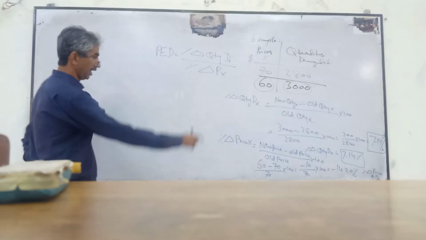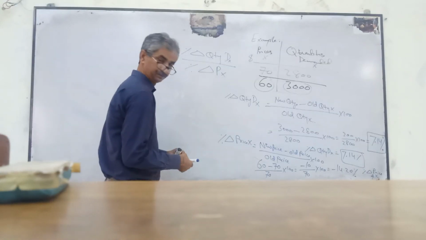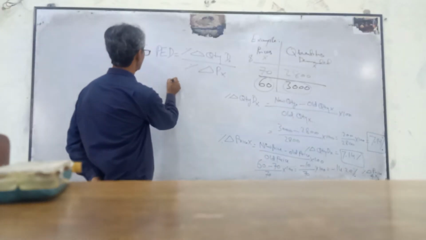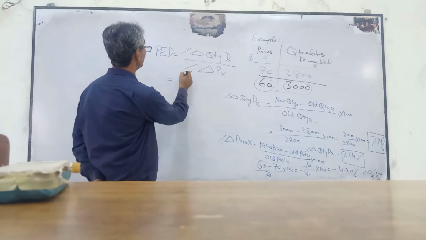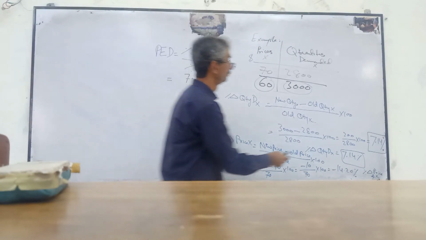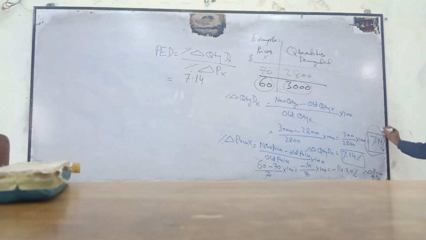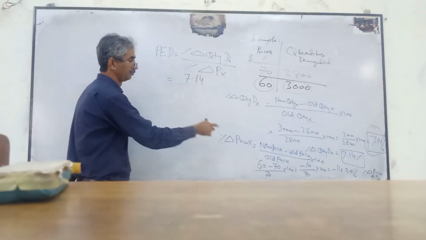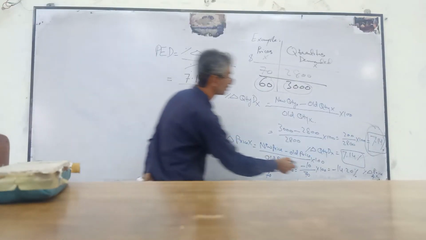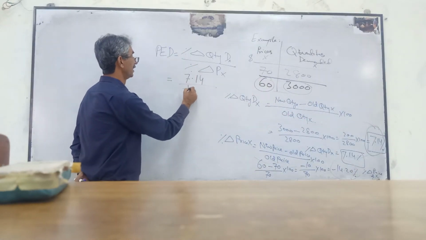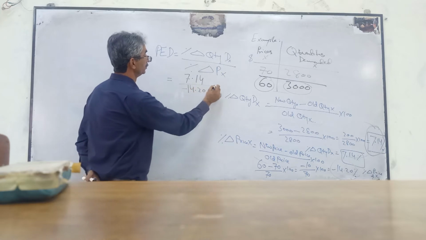Now, using this data, we can solve this problem. The percentage change in the quantity demanded is 7.14, which we have calculated here, divided by the percentage change in price, which is minus 14.20.